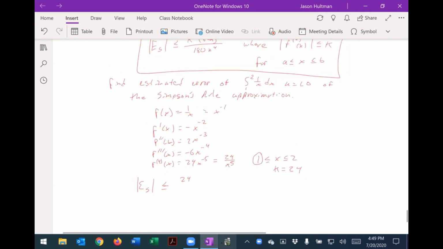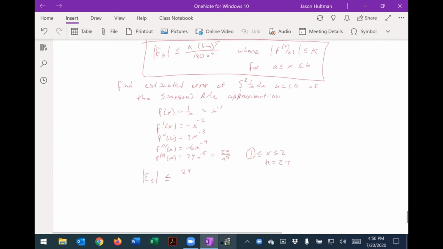It was b minus a, well, that's an easy one, 2 minus 1 to the 5th power, that's just 1, all over 180 times n to the 4th, well, that's 10 to the 4th power. Okay, and what does this equal? Let me bring up my calculator here and calculate this.